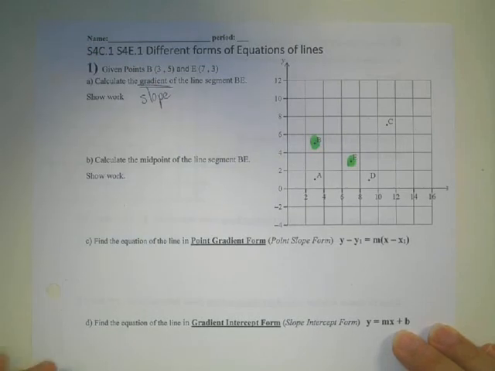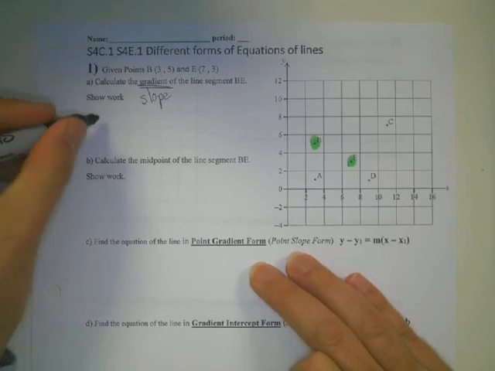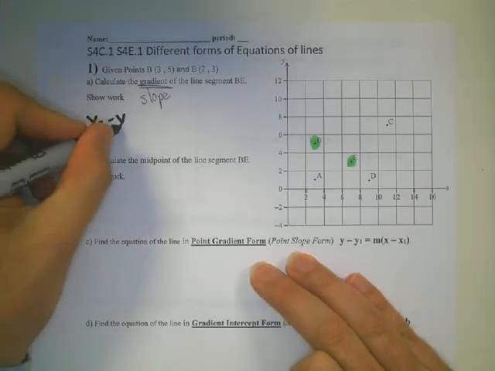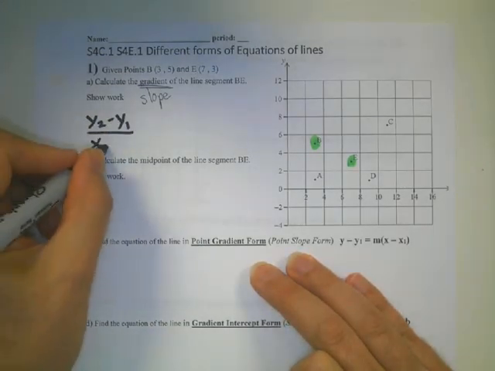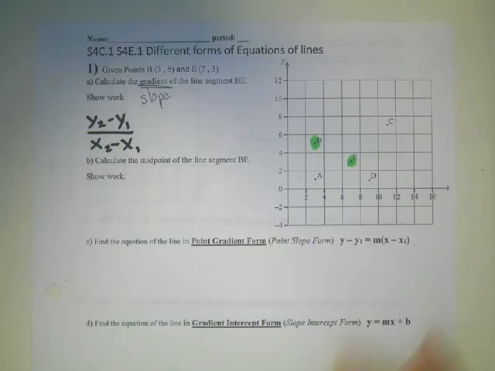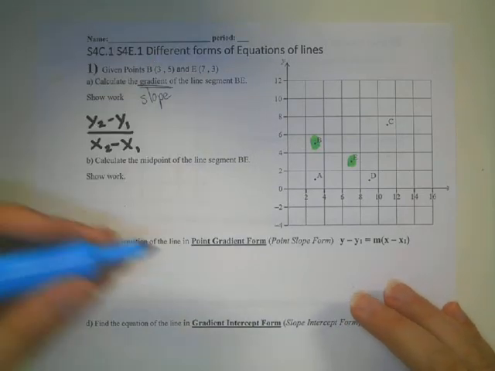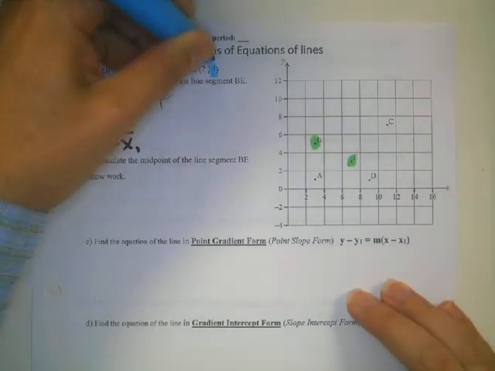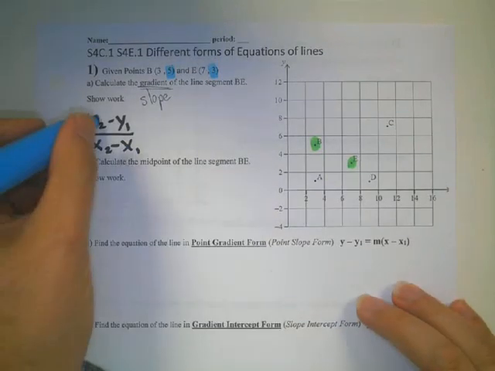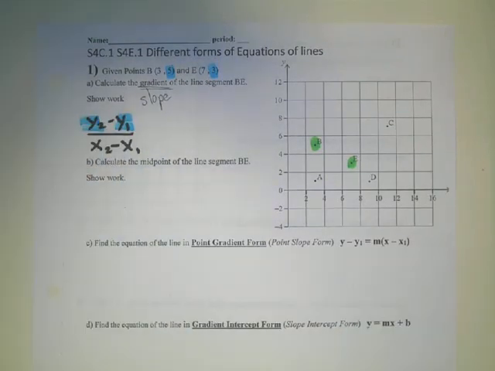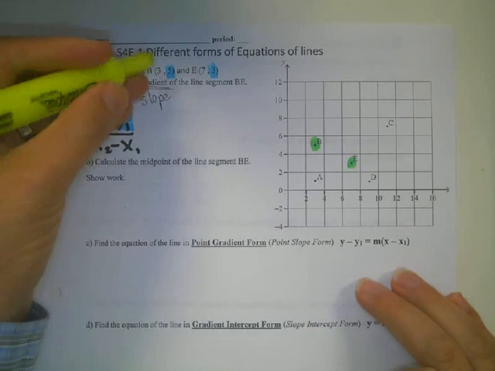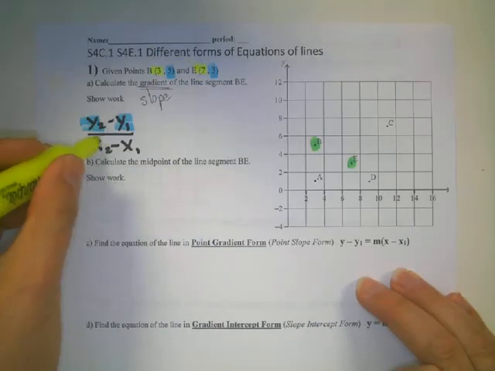Okay, and so you may have noticed or seen the slope formula from our equation on the board, y2 minus y1 over x2 minus x1. Using that expression, we pick the two y values and subtract them from each other, and then take the two x values and subtract them from each other.